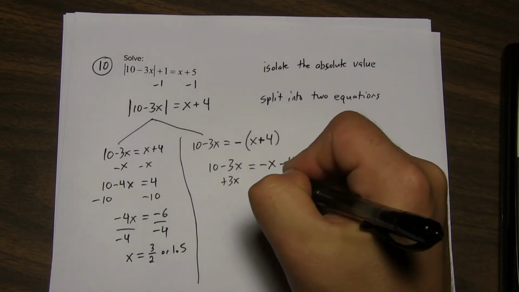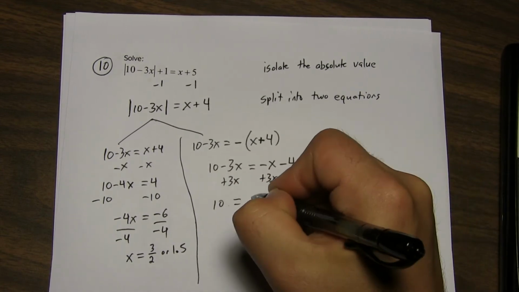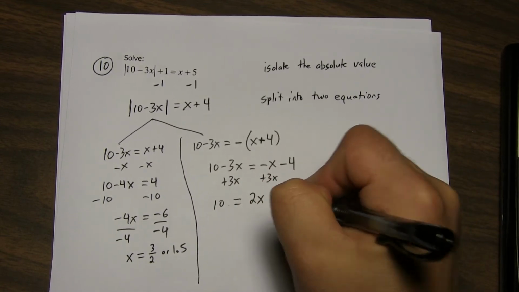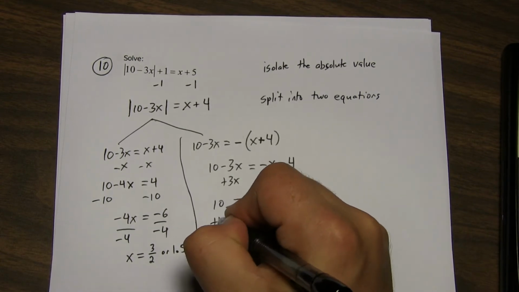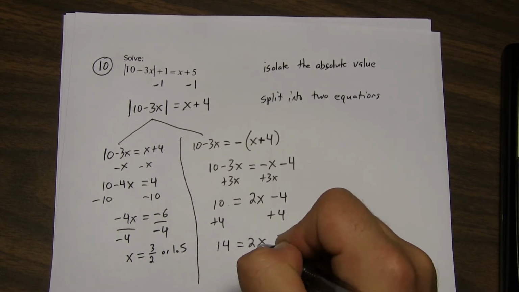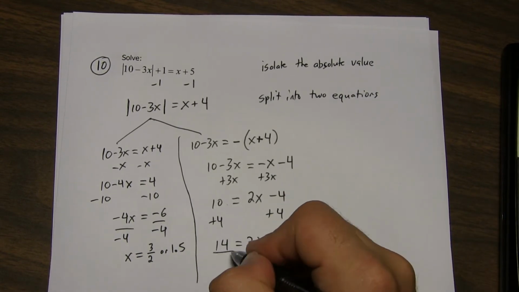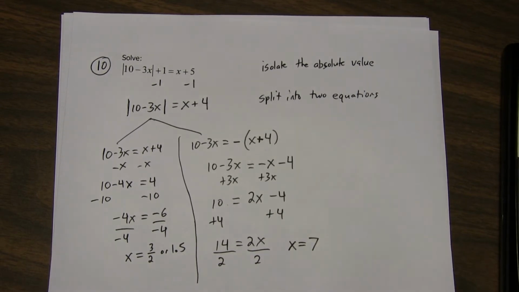This time I'm going to add 3x to both sides. And move that 4 over, so add 4 to both sides, since it's currently being subtracted. And divide both sides by 2. And we get x equals 7.